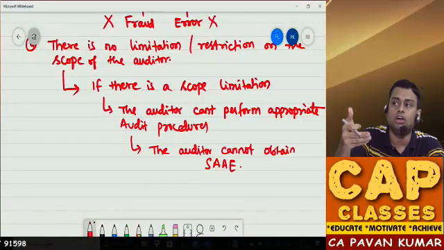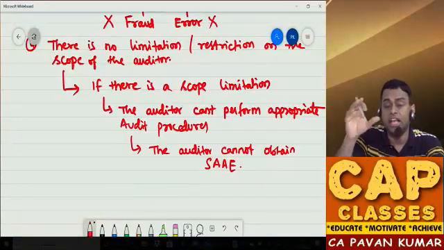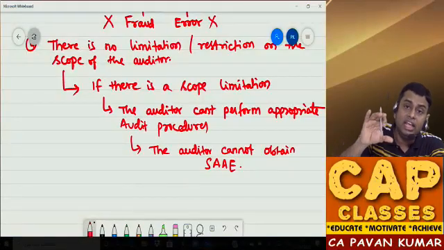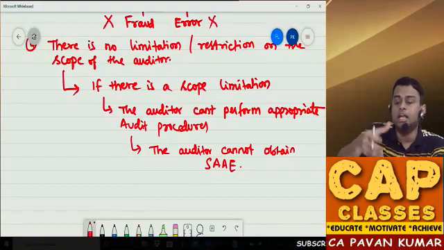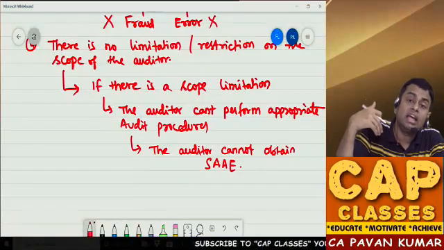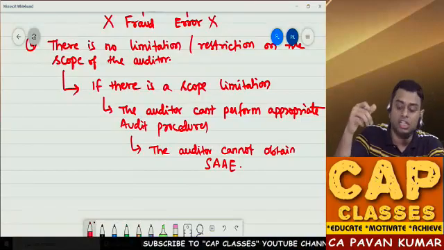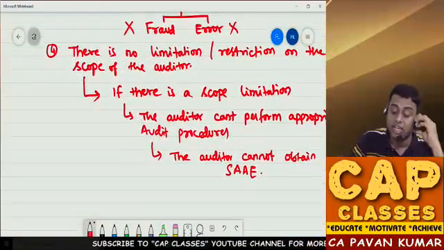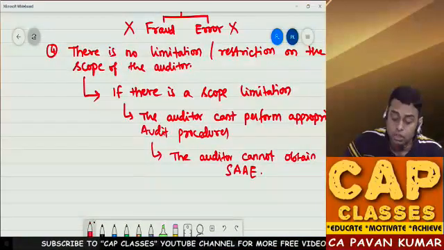If he cannot, how can he obtain audit evidence? If he cannot obtain audit evidence, how can he form an opinion? If he cannot form the opinion, how can he communicate an opinion on financial statements? So, fourth one is, there is no limitation or restriction on the scope of the audit.